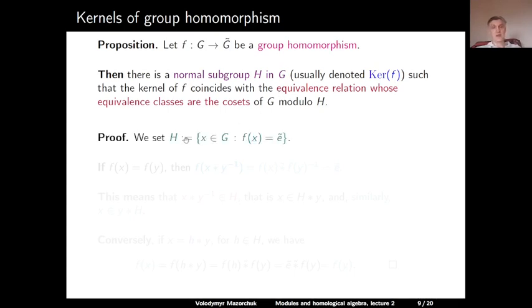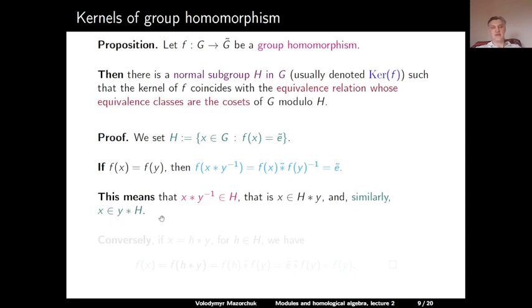Proof. We define H to be the set of all elements x in G which are mapped by f to the identity element e tilde in G tilde. If f of x is equal to f of y, then f of x star y inverse is equal to f of x star tilde f of y inverse, and this is equal to e tilde.